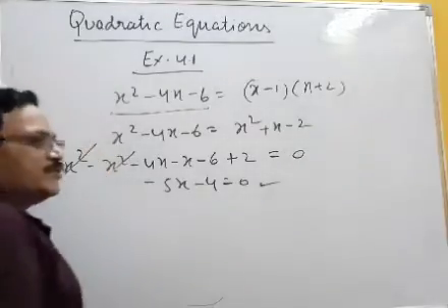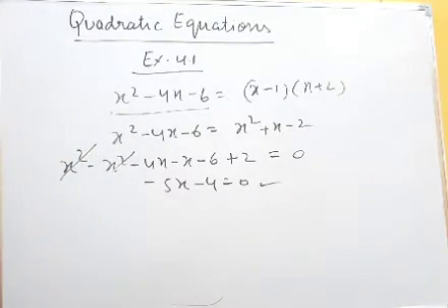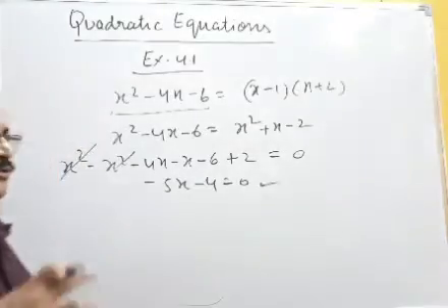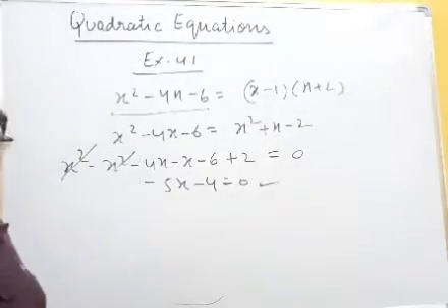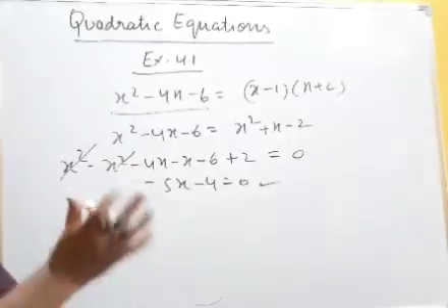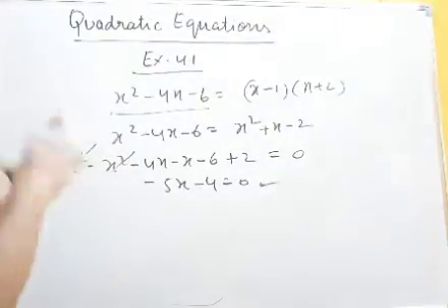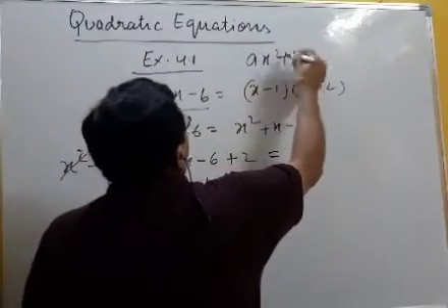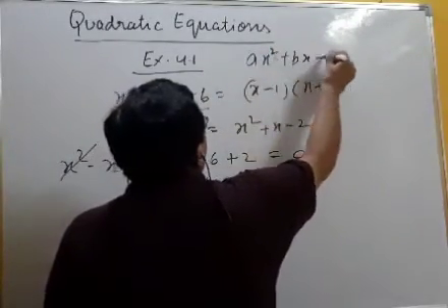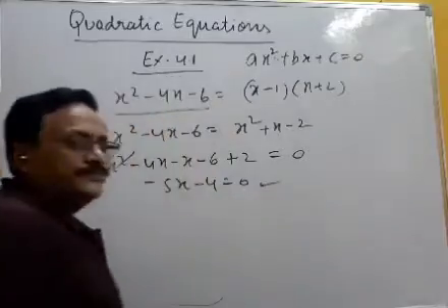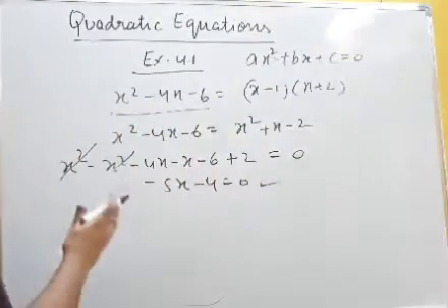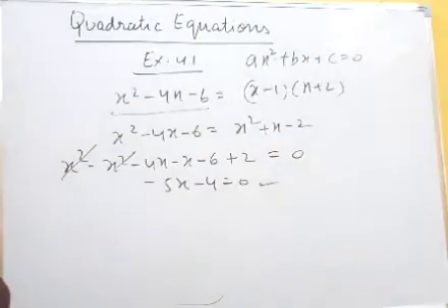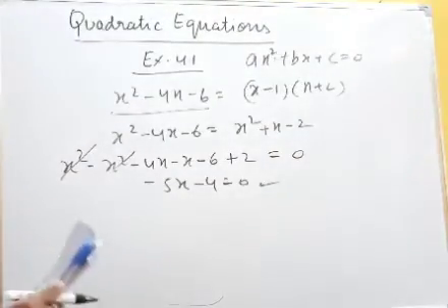You can say it is a linear equation in one variable, but it is not quadratic. So whenever you get degree 2 on both sides, first of all solve the equation and take everything to one side. What is the condition of a quadratic equation? ax square plus bx plus c equals 0. Where it follows ax square plus bx plus c equals 0, you can say it is quadratic. See exercise 4.1 now.